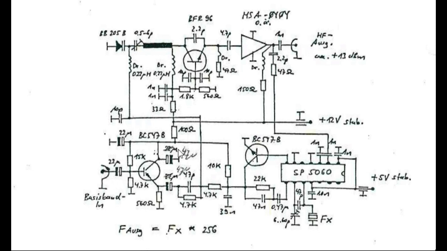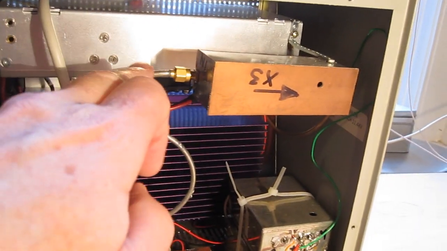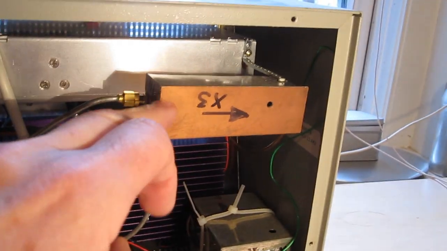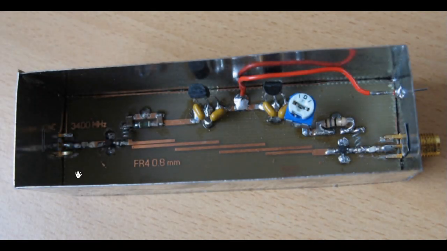And the video is also connected to the VCO here, to the Varicap diode, so you modulate it with FM, and the signal goes via this coax cable to a multiplier. It multiplies by 3, and with FM you can multiply the frequency.